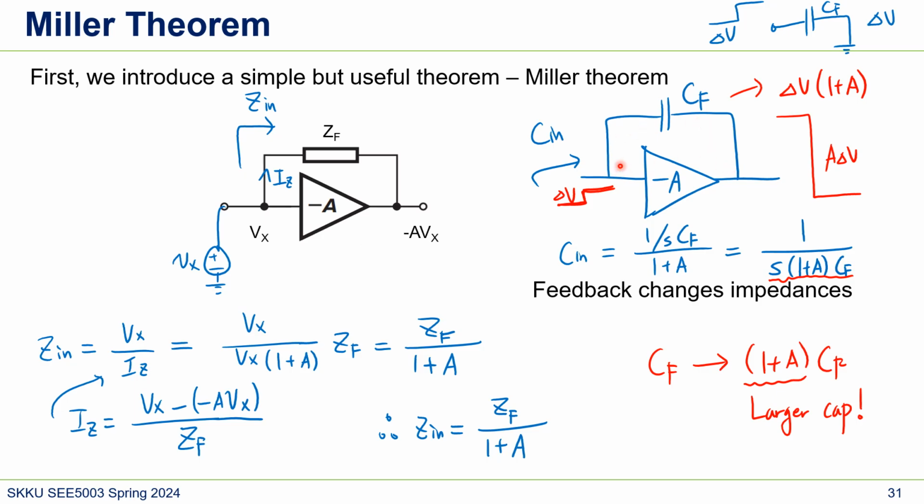When we say current flows more, that means smaller impedance or larger capacitance. So that's how to intuitively understand it. Because of this amplifier, the voltage change across CF suddenly becomes 1 plus A times larger, and then effectively we see this impedance as smaller because it draws more current.